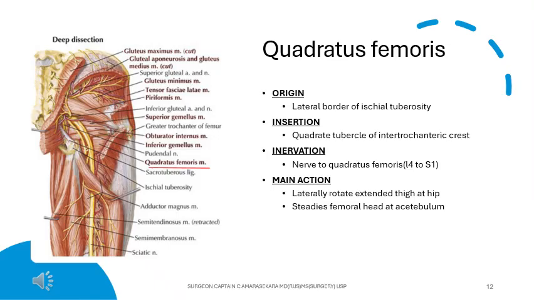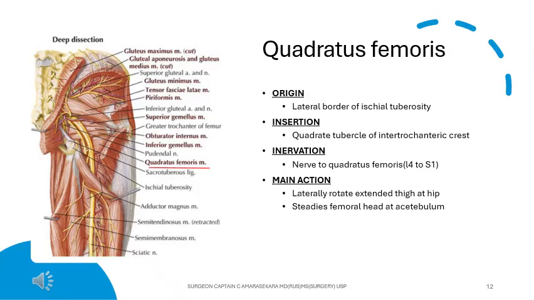The origin of quadratus femoris is from the lateral border of the ischial tuberosity, a prominent bony landmark of the pelvis. From there, it travels laterally to insert onto the quadrate tubercle on the intertrochanteric crest of the femur, just posterior to the greater trochanter.